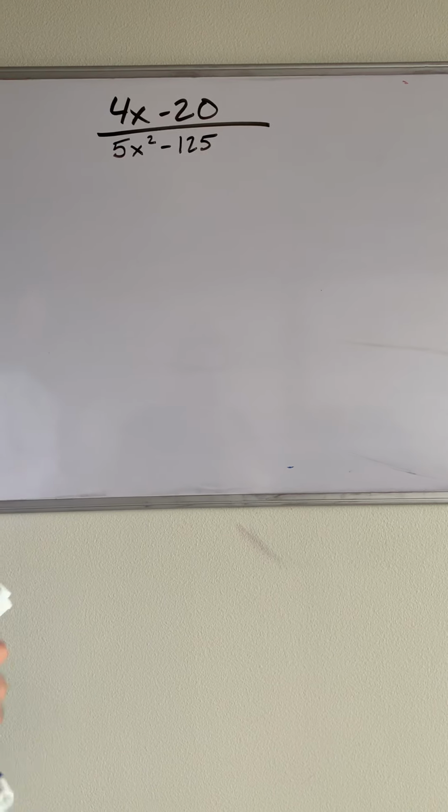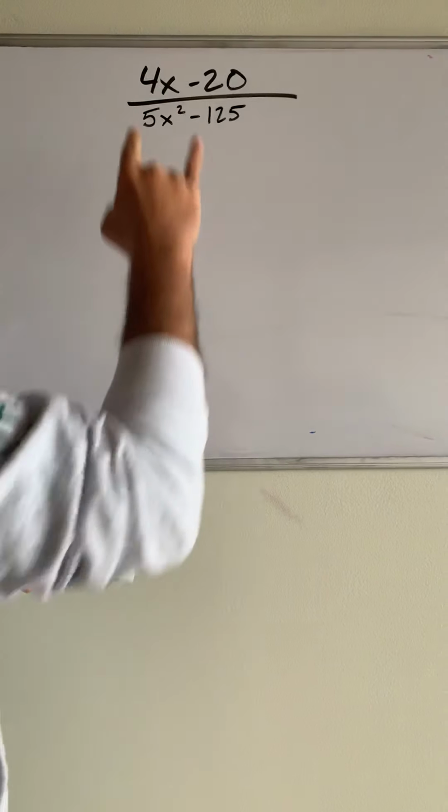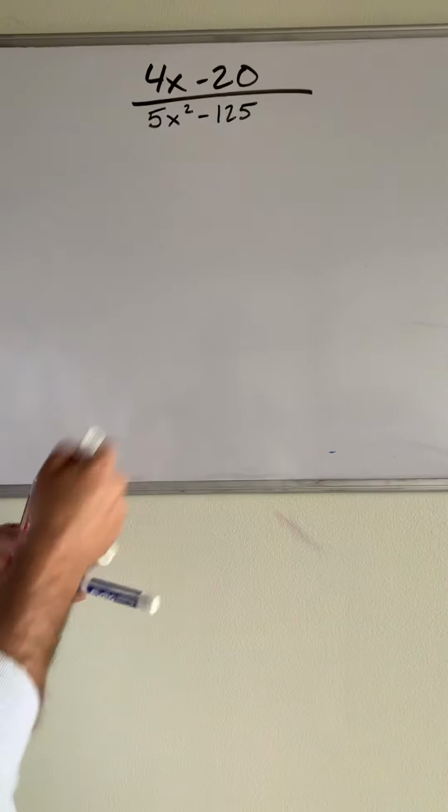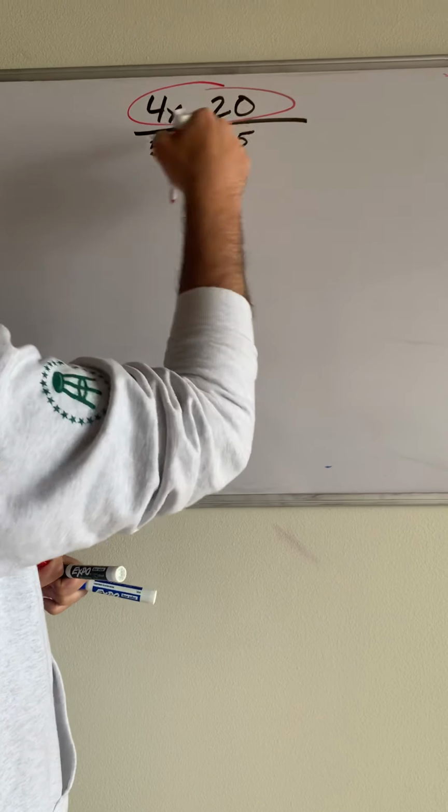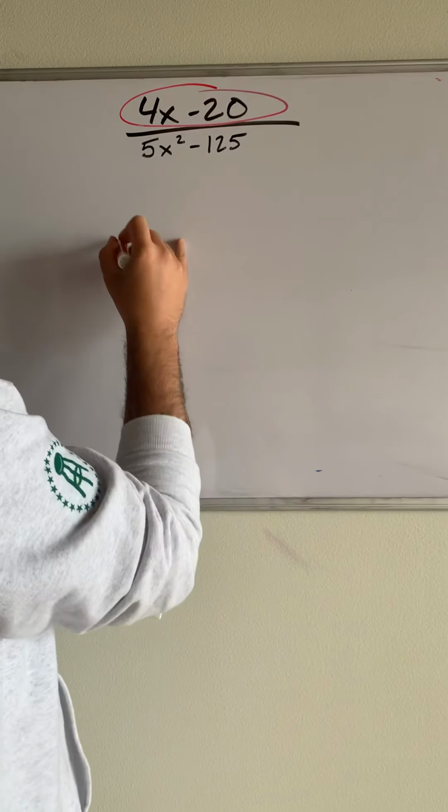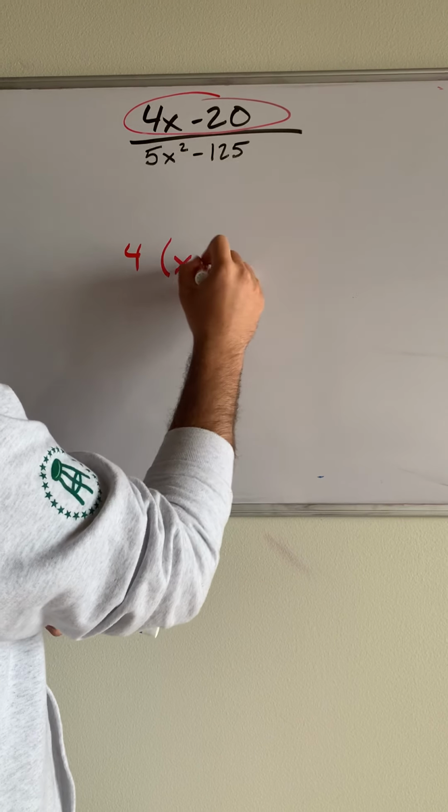This would be like the ultimate hardest example. Well, I have to pull out my greatest common factor on top, which is 4. So this becomes 4 times x minus 5.